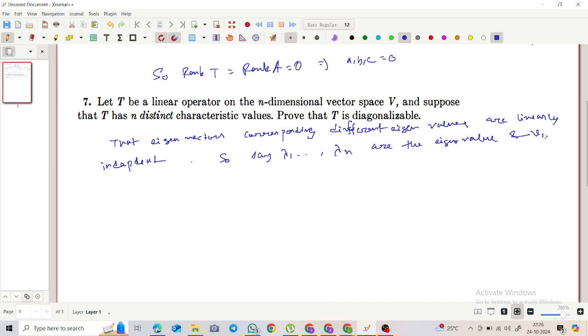And V1 to Vn be the corresponding eigenvectors, that is A Vi equals lambda i Vi, i running from 1 to n.